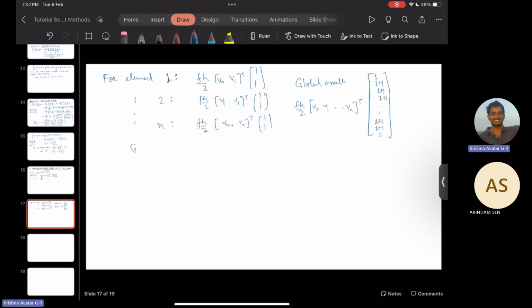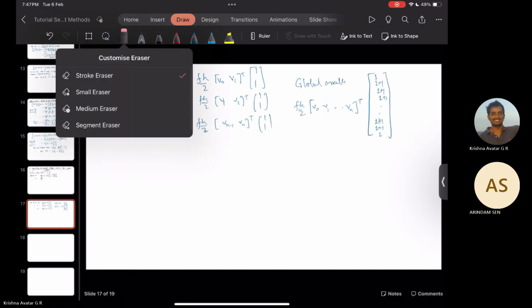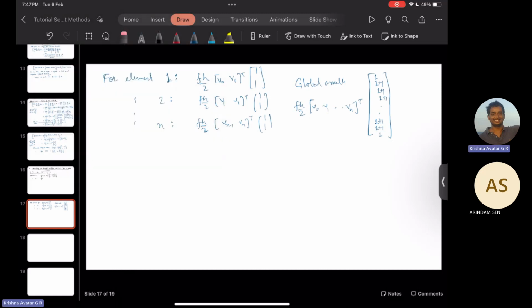So our global assembly, remember that we have one more term here. We'll adjust it, I mean, fit it into the equation now. The global matrix equation.